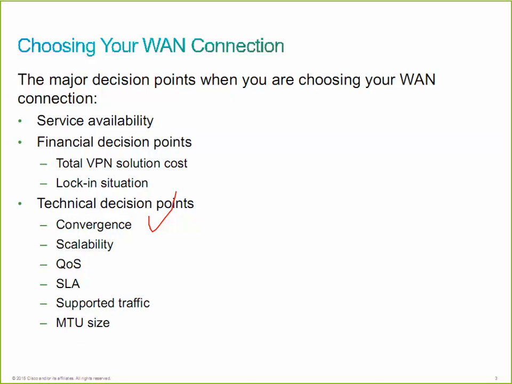All right. Another aspect is scalability. When we choose a layer 2 VPN, we have the scalability issues in full mesh topologies that we have to concern ourselves with, right? Getting a full mesh design in a layer 2 VPN environment can be very challenging. There are a lot of considerations that we have to take into account.